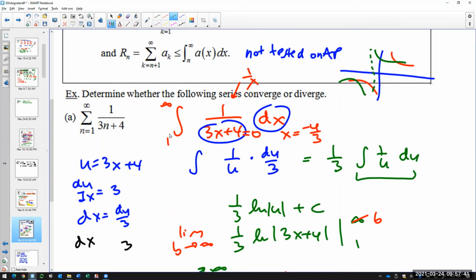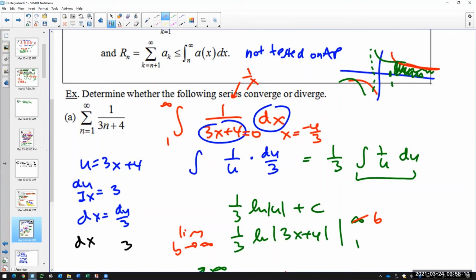You're trying to find the area under the curve from 1 to infinity, so it'll be this area right here. Your vertical asymptote isn't going to bother this area. Does that make sense? So you will have something that's continuous, decreasing, and positive. So you can use the integral test for this function, 1 over 3x plus 4.